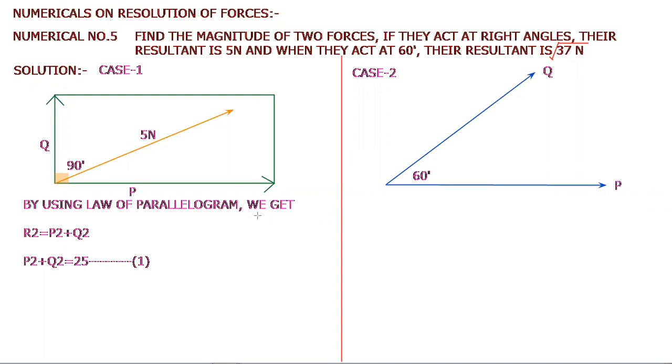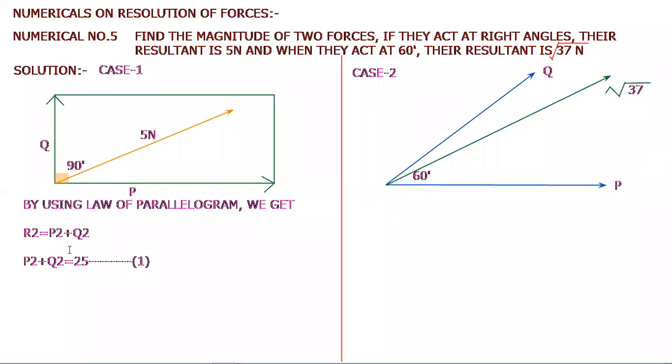And here also you need to find their resultant. Resultant is given, which is equal to under root of 37. You need to find the two forces, magnitude of two forces, that is P and Q. So these values are given.